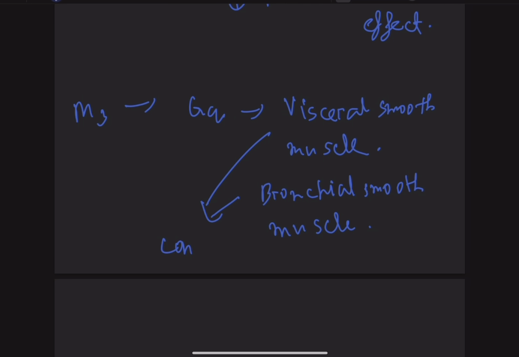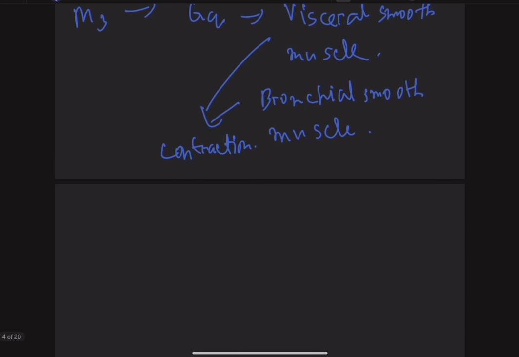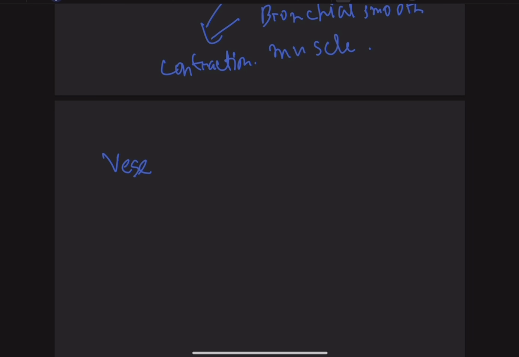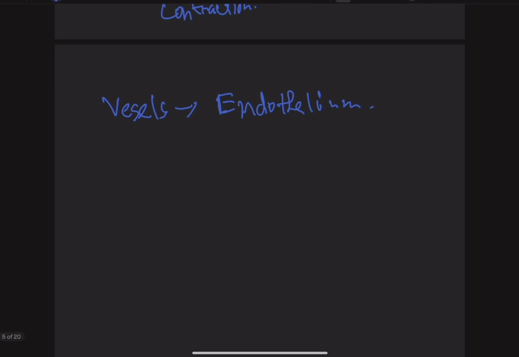Like GI contraction, and increases the GI motility and the bronchial smooth muscle contraction. M3 receptor is also located in the vessels, and we have this in the endothelium of the vessel. And from endothelium, it releases the endothelium derived relaxing factors, and this causes the vasodilation.